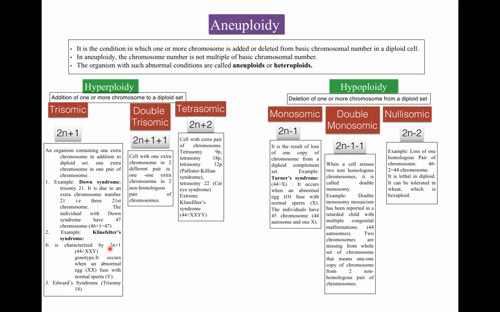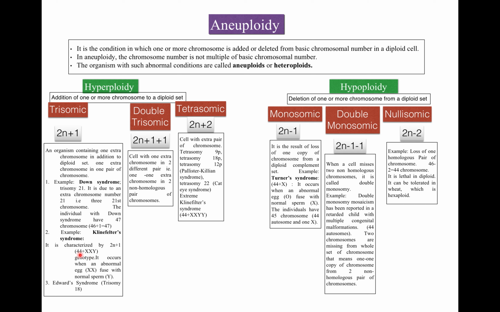How does it occur? It occurs when an abnormal egg, that is XX, fuses with a normal sperm Y. There should be fusion between X and Y, but there is a fusion of XX and Y. So one extra chromosome, that is X, is present in Klinefelter syndrome.